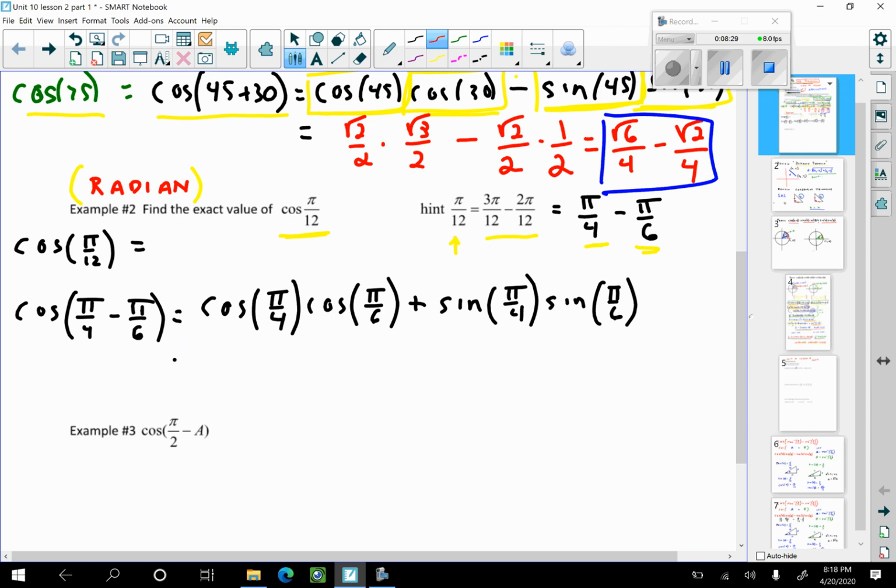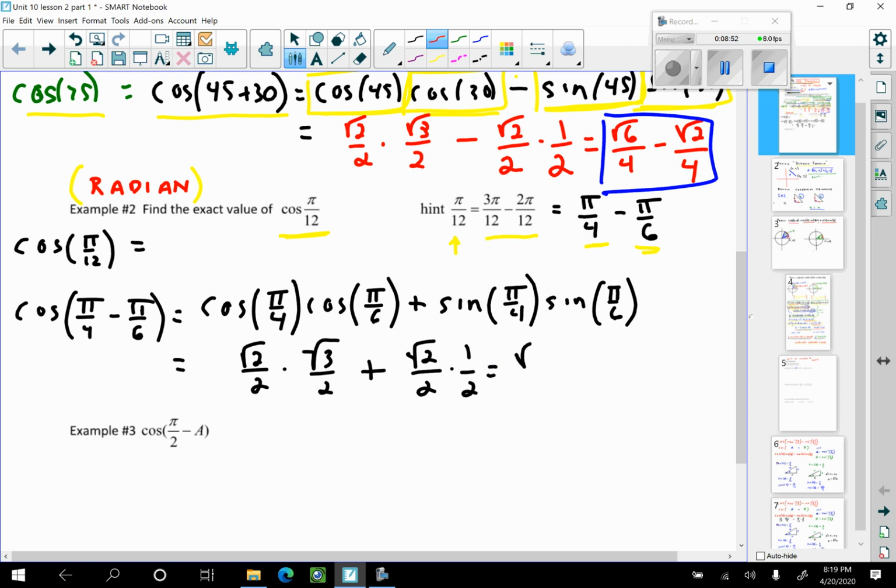Hey, well, true or false? This is square root of 2 over 2, cosine of pi over 4. Cosine of pi over 6 is square root of 3 over 2, again the same thing we had up there, but only in radians. Plus, only this time we're adding square root of 2 over 2 times 1/2. And what does that equal?